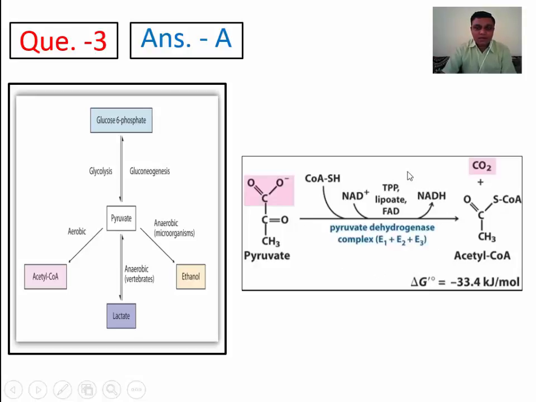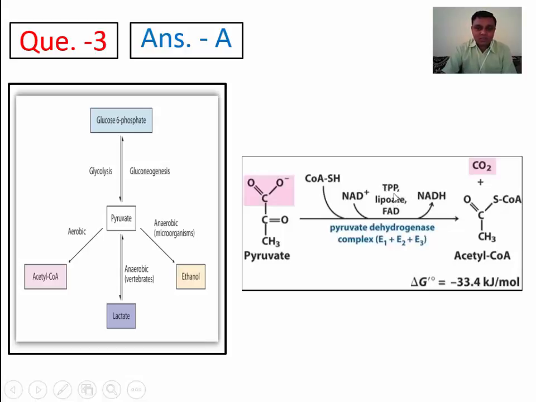In the pyruvate dehydrogenase complex, TPP, that is thiamine pyrophosphate, works as a coenzyme. Thiamine pyrophosphate, the name itself suggests, is derived from vitamin B1, that is thiamine.